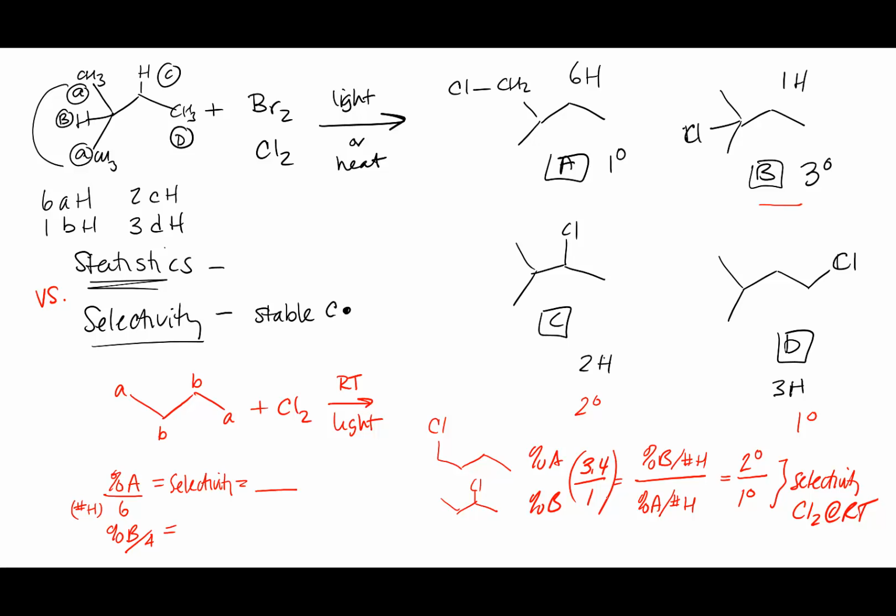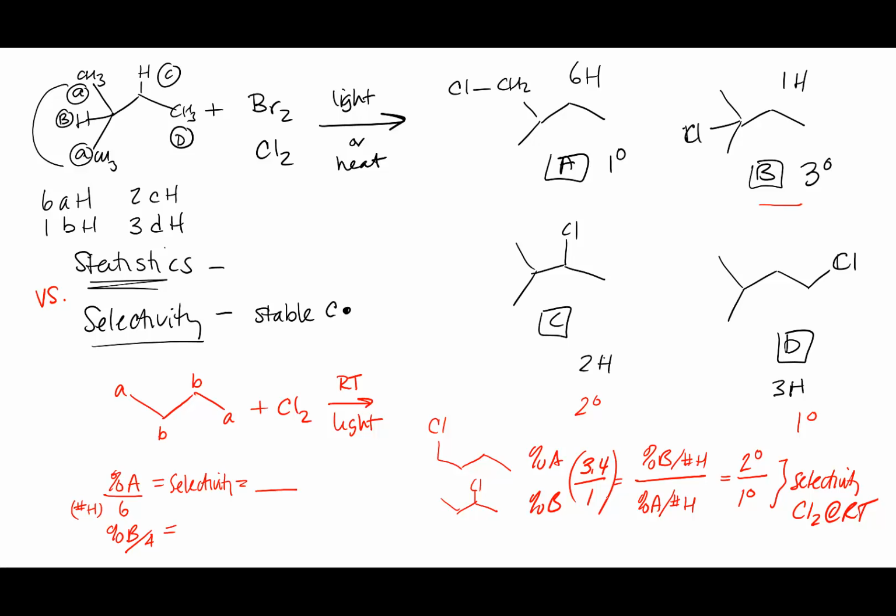And so what that means is that by removing the number of hydrogens, I'm removing the statistical effects on the reaction. When you do chlorination at room temperature, you form a secondary radical 3.4 times faster than you do a primary.